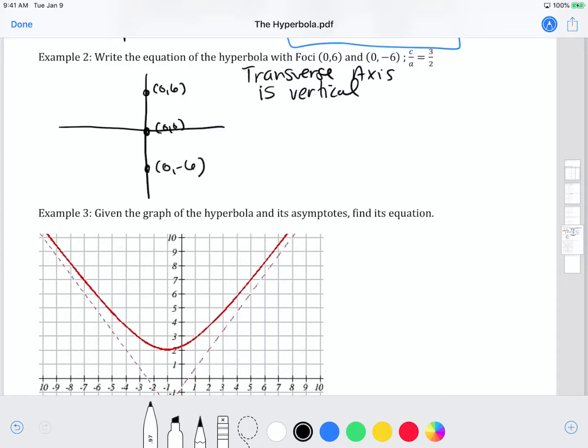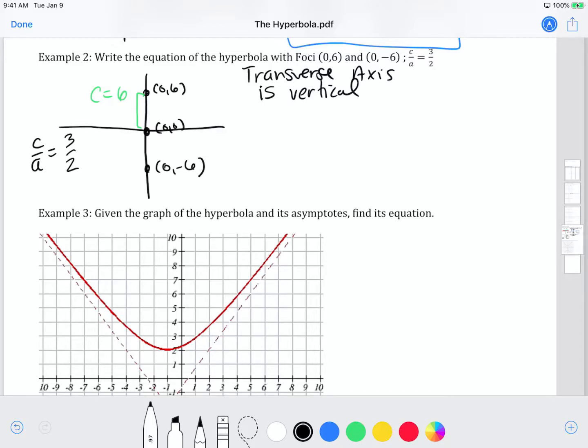This also tells me that my value of c, because this is my focus point, and my focus point is a distance of c from the center, is 6. The other information given to us is that c over a is equal to 3/2.